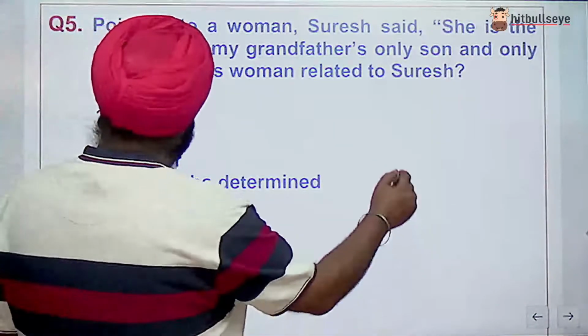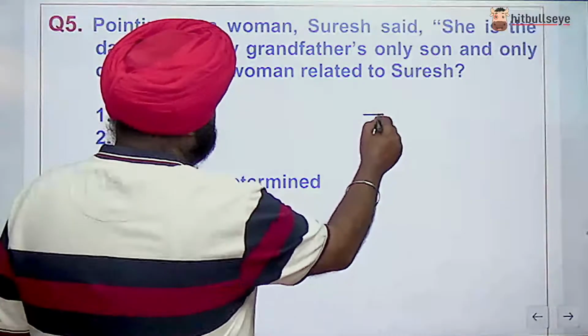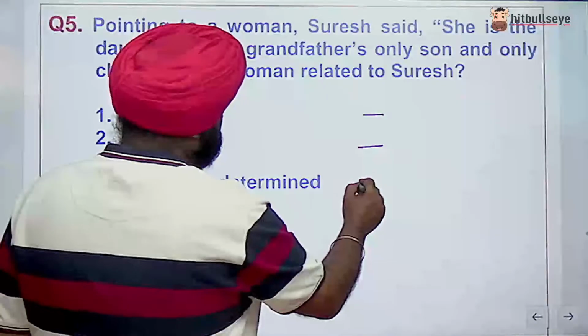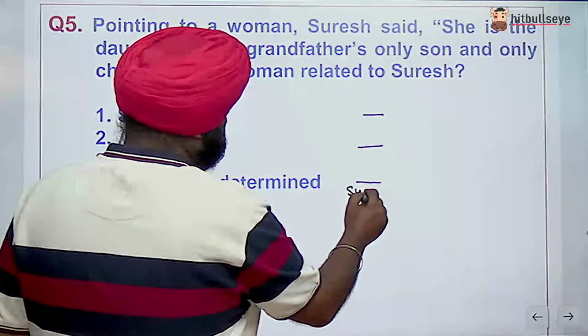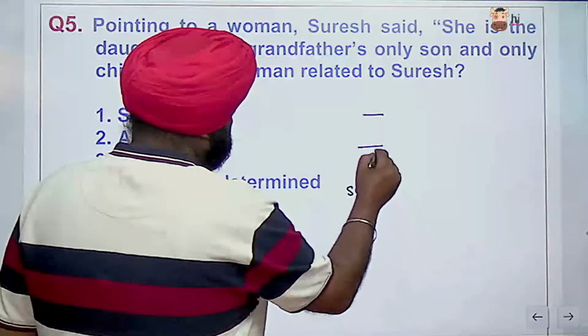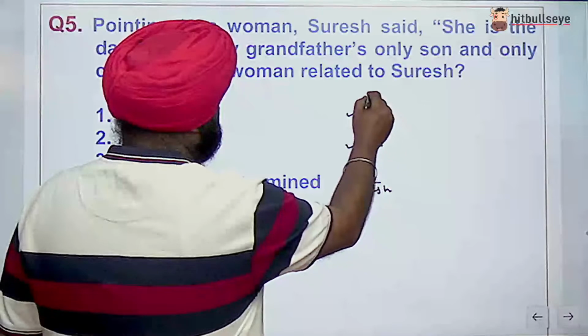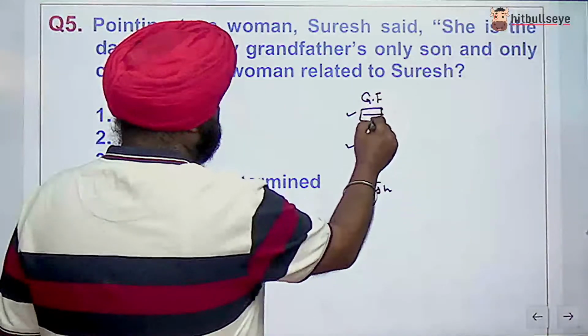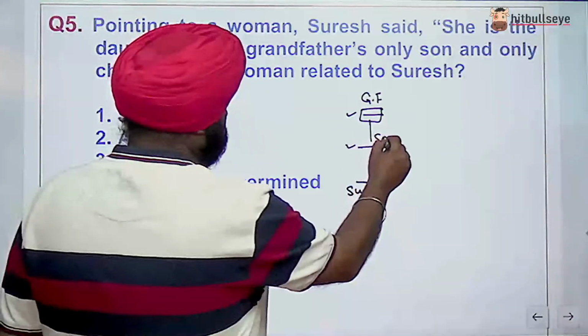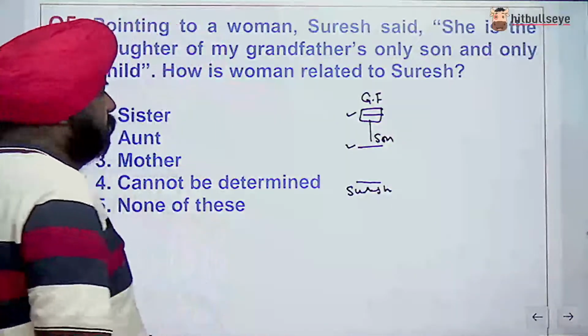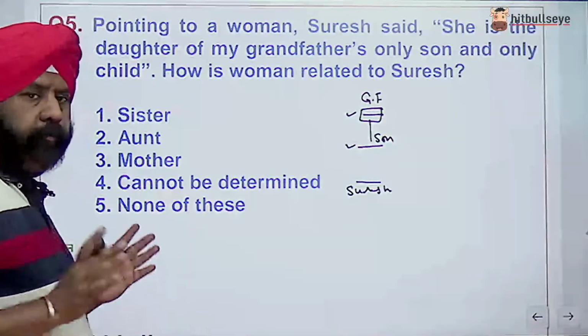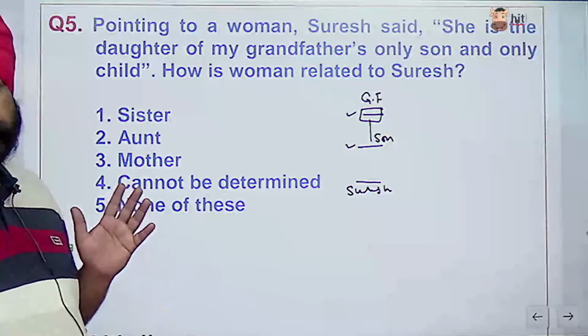Suresh said she is the daughter of my grandfather's only child, only son. So let us say Suresh's status is here. Suresh's grandfather is in this generation. Grandfather's only son and only child means Suresh's grandfather has only one son and no other child.